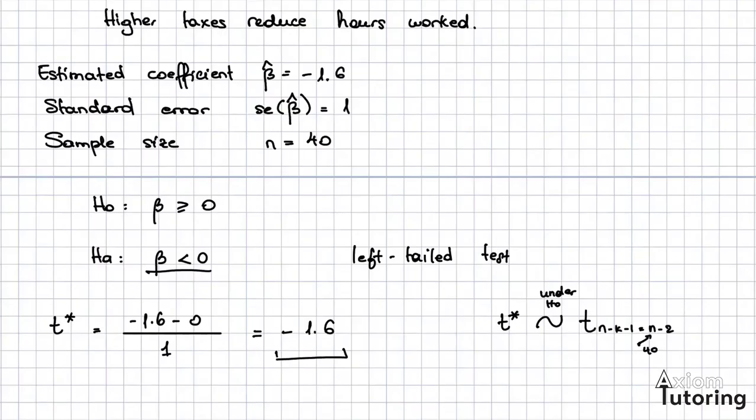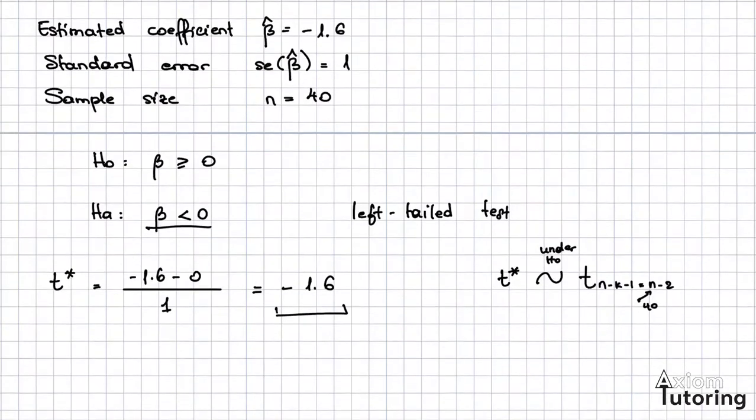So once we know that we have to look at a t-statistic from the t-distribution with 38 degrees of freedom here, we also have to pick a significance level that we might want. Let's always stick for now to the 5%.